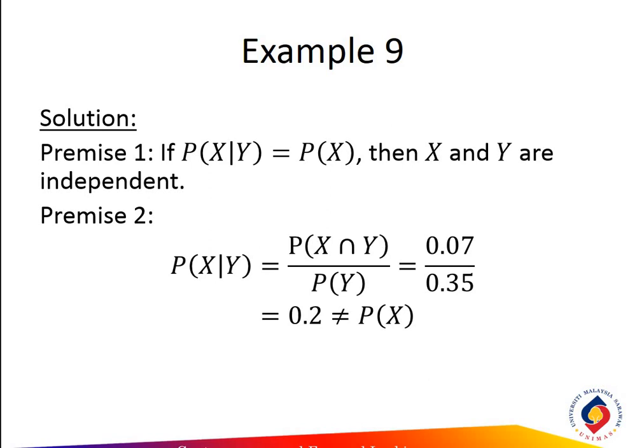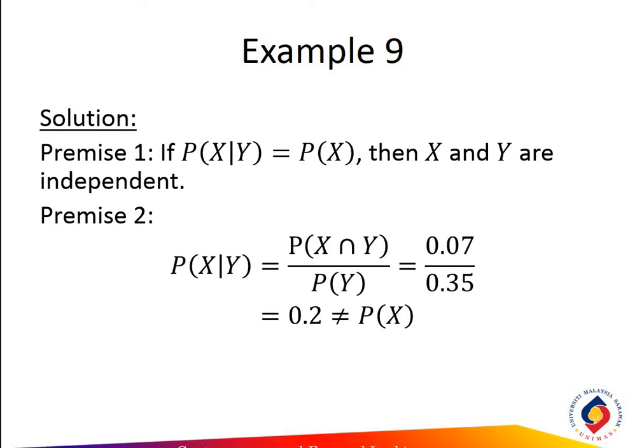If probability X given Y equals probability X, then these two will be independent. From our checking, probability X intersect Y over probability Y is equal to 0.2, which is not equal to probability X.